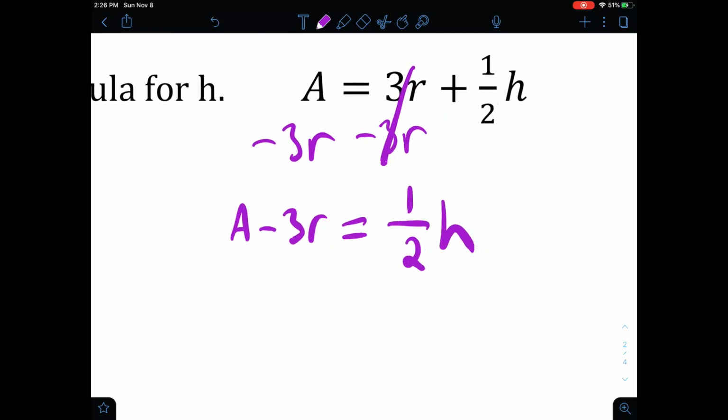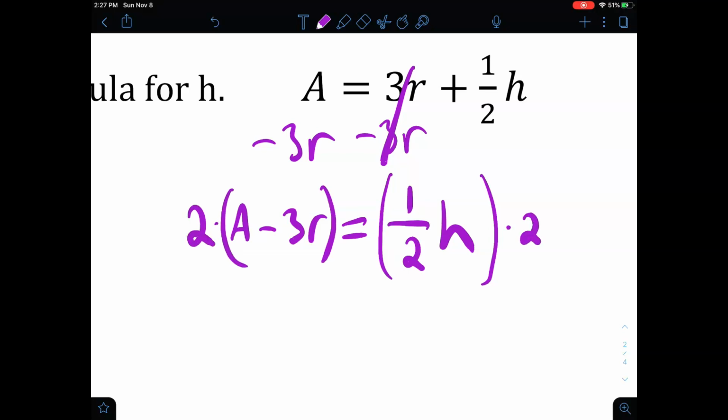Okay. Now, how do we undo multiplying by a fraction? We're actually going to multiply by the reciprocal. What's the reciprocal of 1/2? It's 2 over 1, or just 2. We're going to multiply both sides by 2. So these are going to cancel, because 2 over 1 times 1/2 is 1.